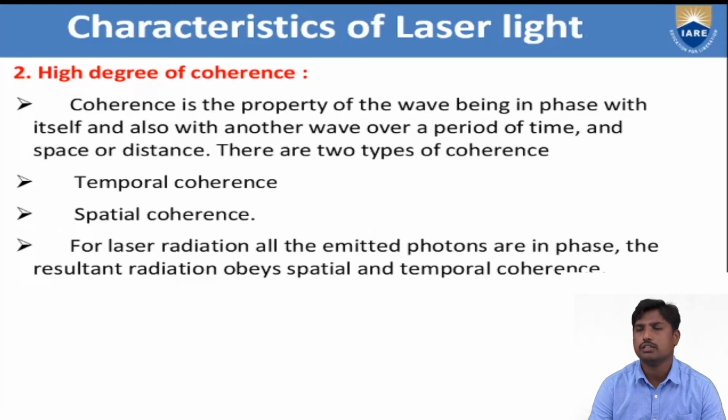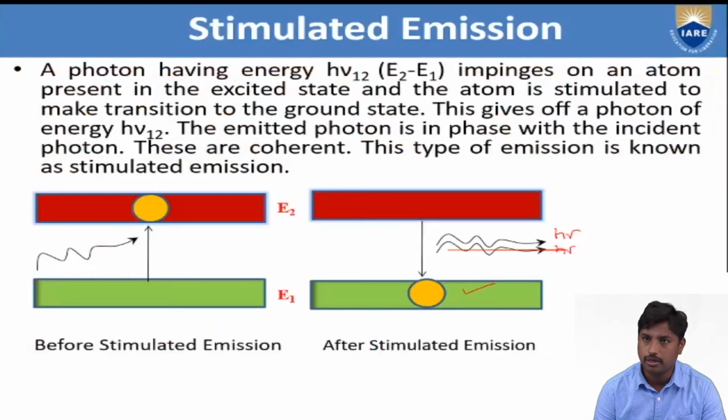There are two types of coherence: temporal coherence and spatial coherence. For laser radiation, all the emitted photons are in phase, and the resultant radiation obeys spatial and temporal coherence. See these two photons emitted in the de-excitation process in stimulated emission.